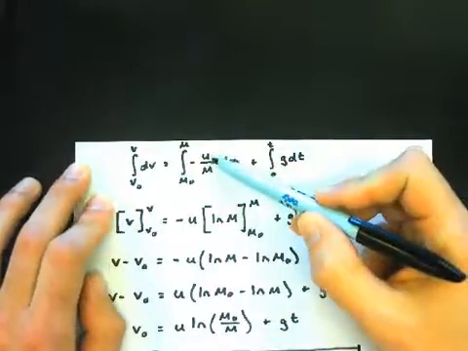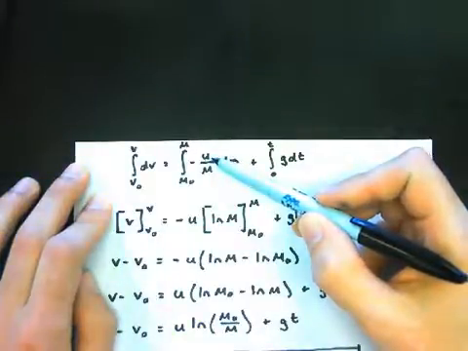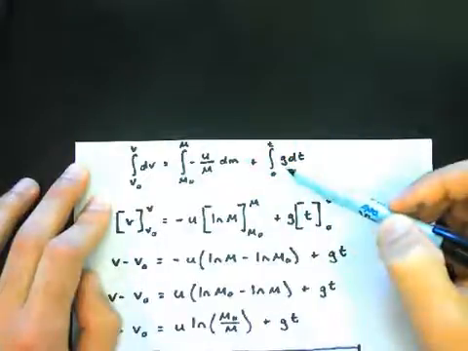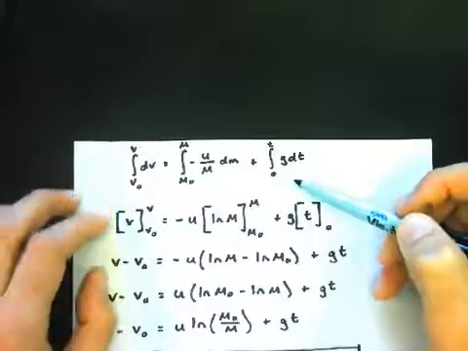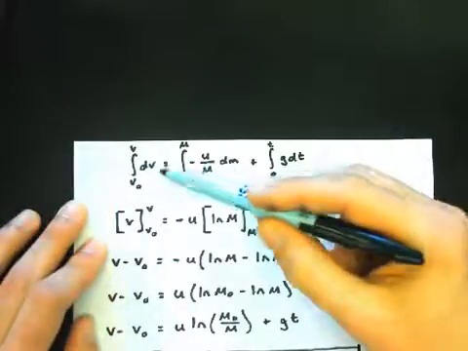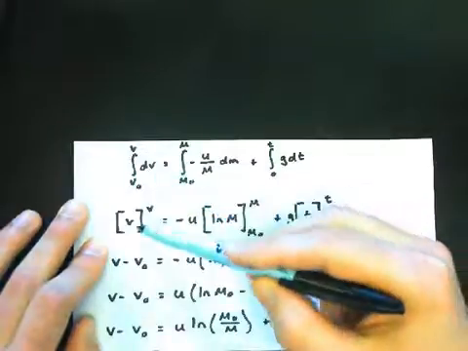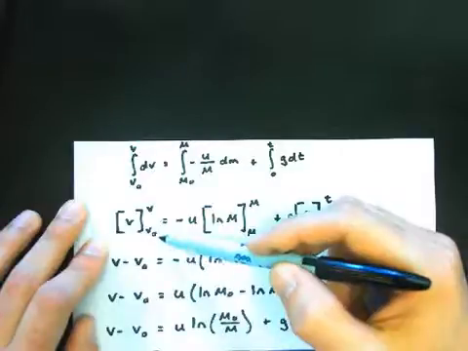And remember that we said u, the exhaust velocity, is constant, and we also said g is constant acceleration due to gravity.